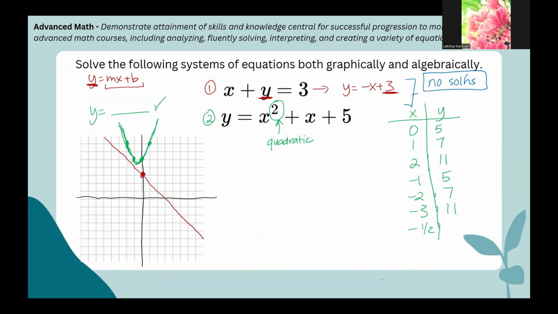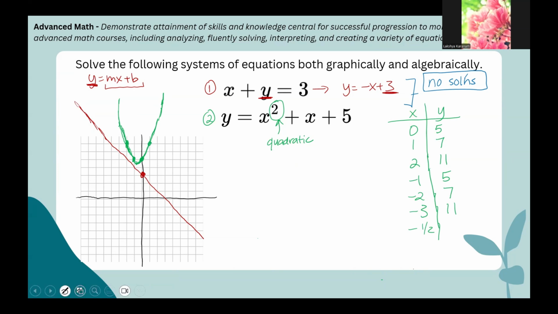This green graph is going to keep going up, up, up more, right? This maroon graph is going to keep going up, up, up, wider like this, right? So it does not look like it's going to touch or intersect at any point.